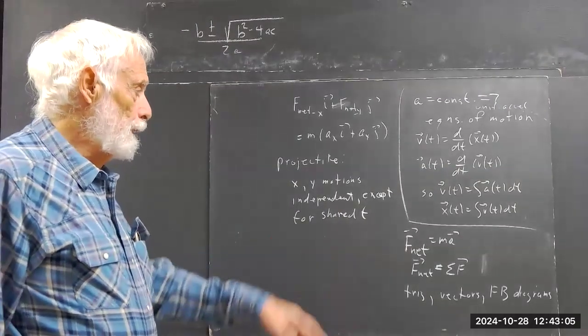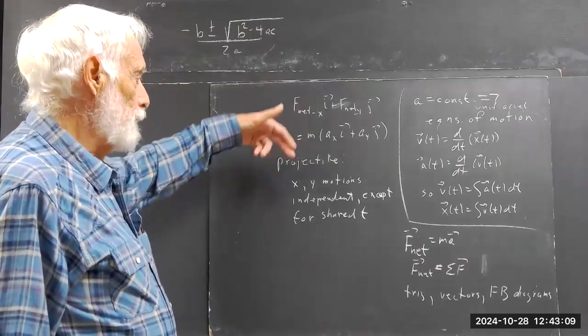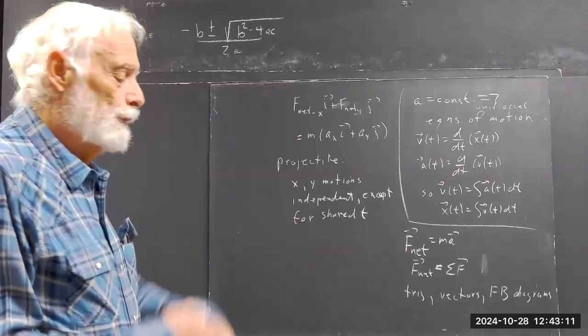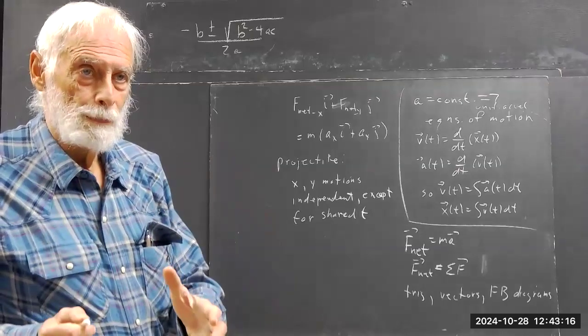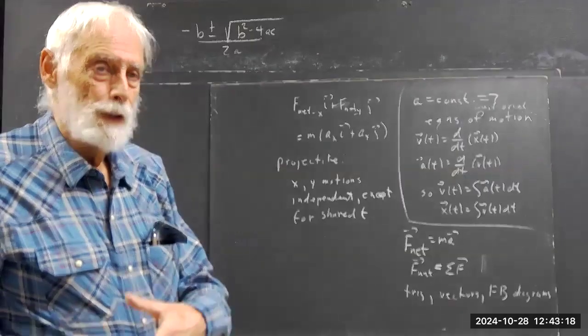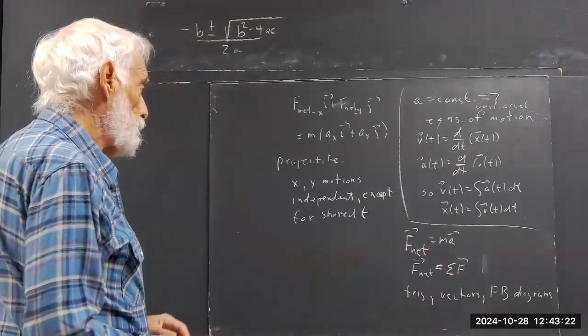There's a time between two events. The same time runs the same for your X motion as it does for your Y motion. So if you're solving the equations for t for your X motion, then you know what t is for your Y motion, okay? And vice versa.